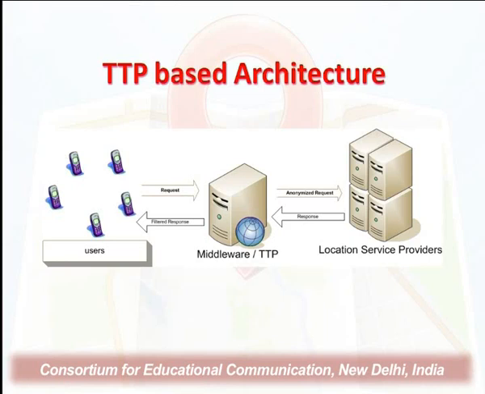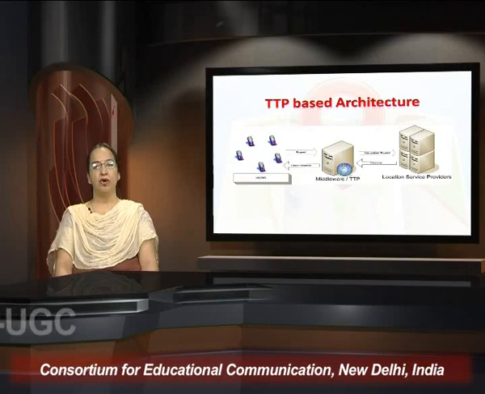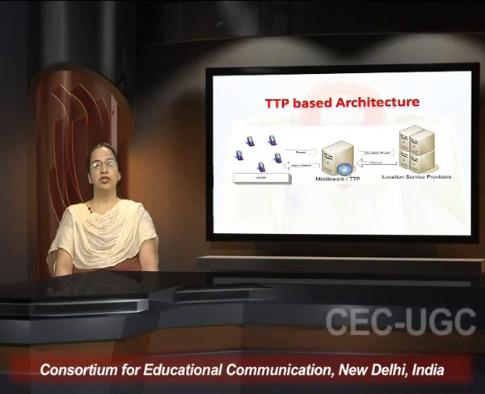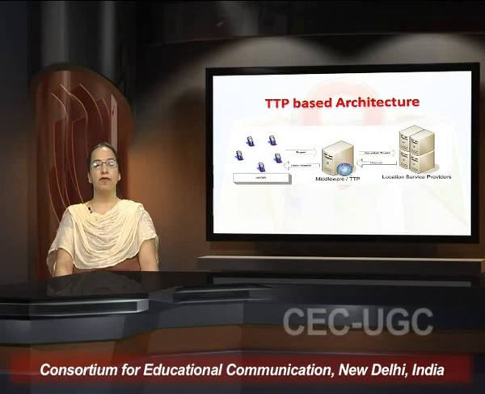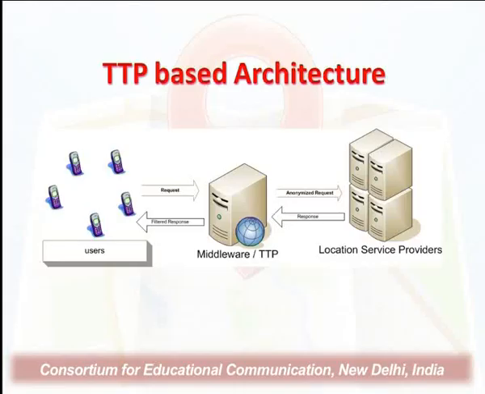There can be many other uses which a middleware is going to serve, but the central idea is to keep the privacy of users from these location service providers. That is the job of this middleware or trusted third party. So, in TTP based architecture, this middleware is responsible for preventing any security or privacy breach, while in TTP free architecture, it is the responsibility of the user to protect his or her own privacy.